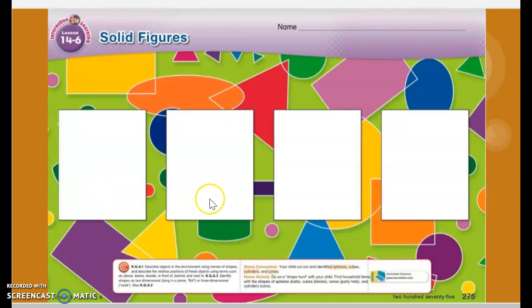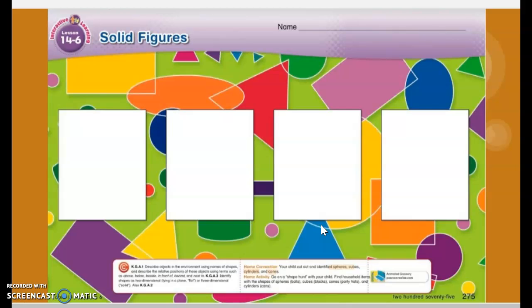For a cube, you can find a Lego piece. Lego cubes are squared, and they can also have 6 sides. They're just in the shape of a Lego. Another thing you can find is a rectangular prism, and you can find maybe a box that is the same shape.